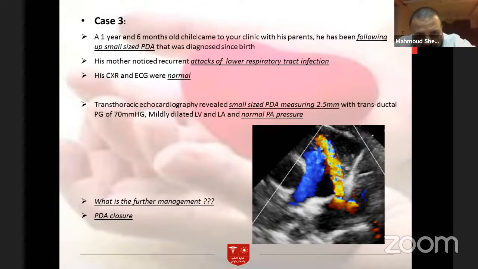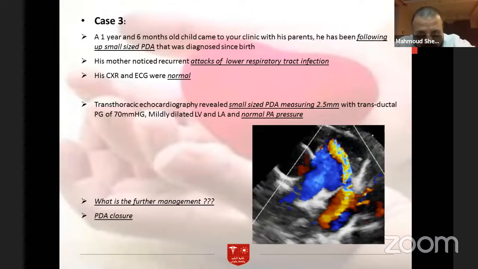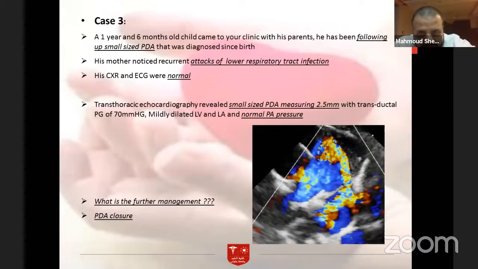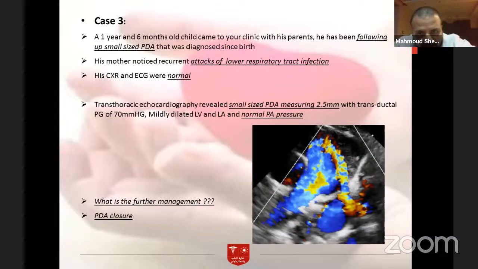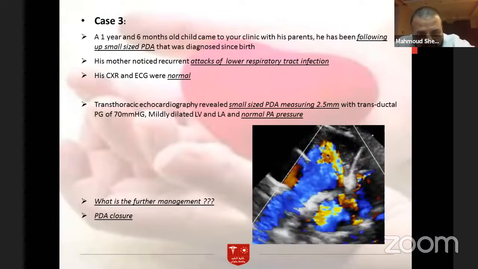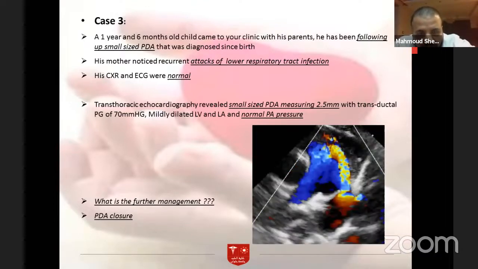There is a lot of debate on which type of device we use for 2.5 millimeter. Some people say that if below 2 millimeter we can go for coil closure, using 1 or 2 coils if we need. And some people say that for 2.5 millimeter, it's better to have one device to seal the defect completely in one step.